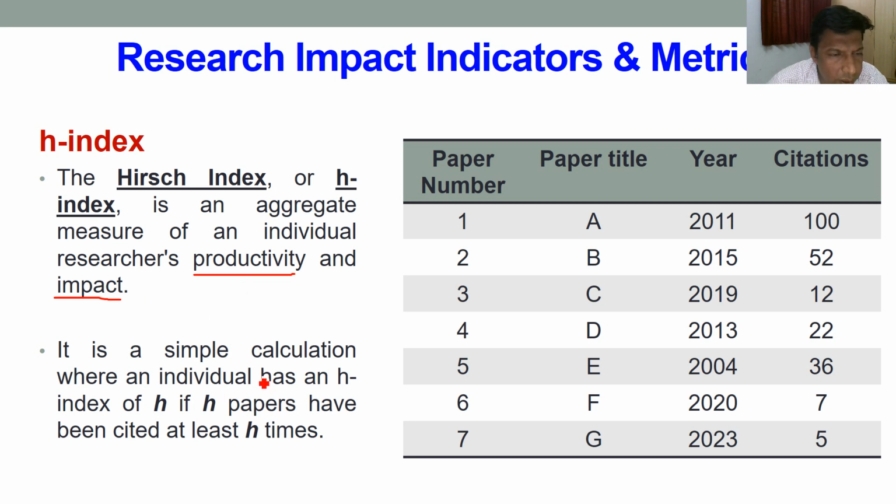If you want to see the definition of how the H index is calculated, it is a simple calculation. Suppose a researcher has published n number of papers.